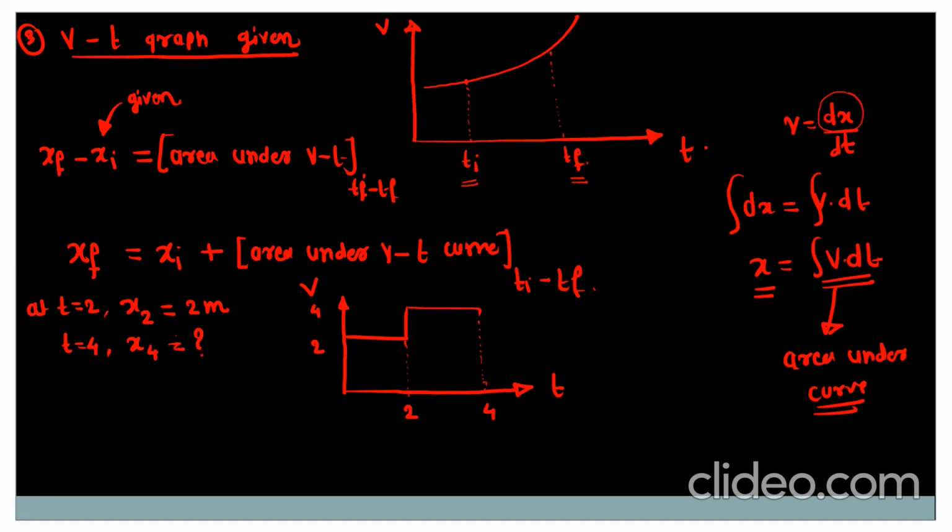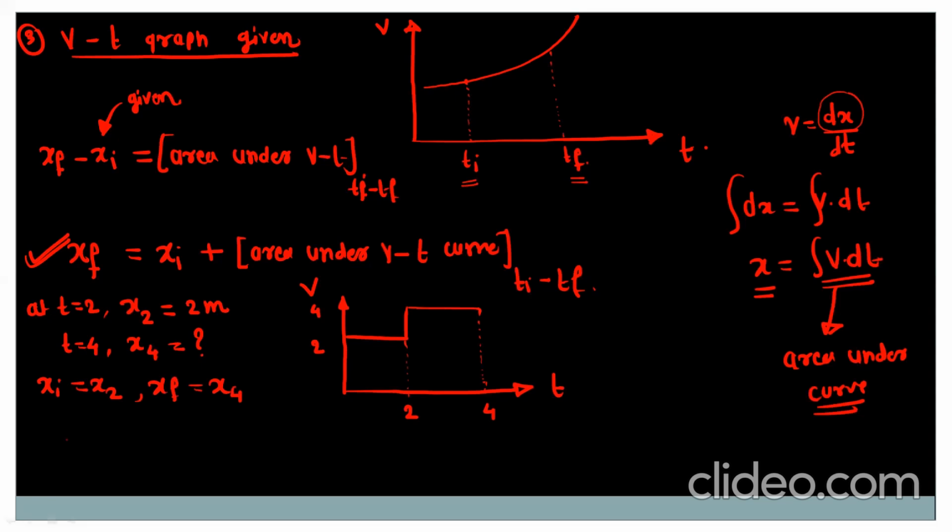Okay. So if the velocity time graph is given and we want to find out the position time graph, then we have to use this equation. In this equation, xi is the position at the initial time, that is x2, and xf is equal to x4.